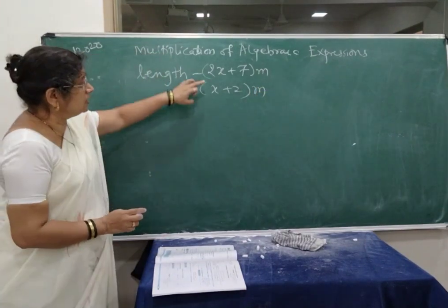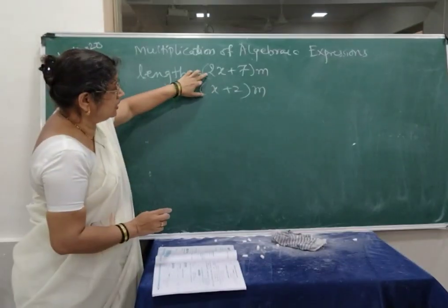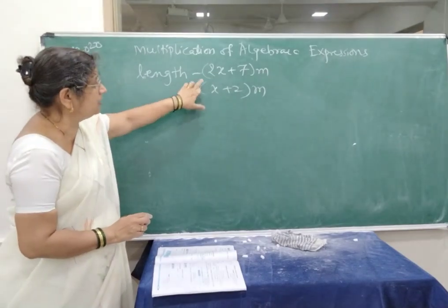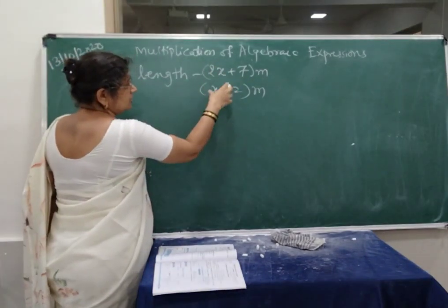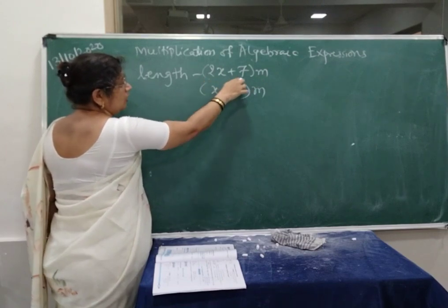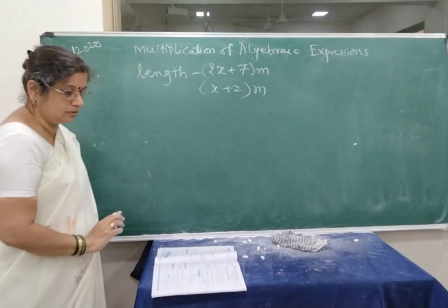Now if you see, these are binomials, but in the binomial you can see the constant is also there, right?